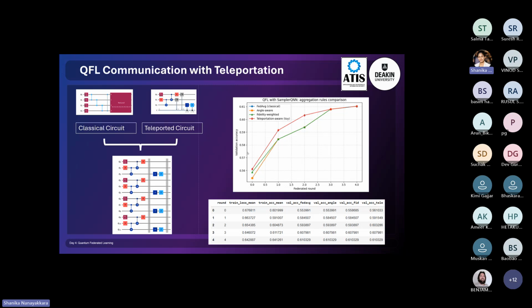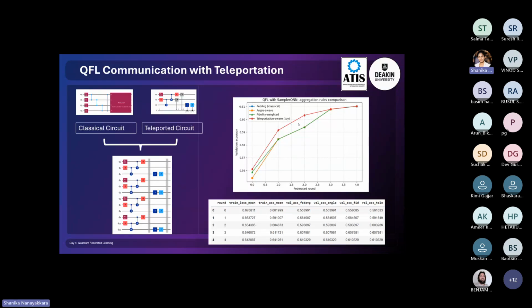The fidelity-weighted and teleported-aware methods give high accuracy because they consider quantum angle geometry and the reliability of each client and channel fidelity. Teleported-aware aggregation produces the strongest global model overall. You can see the validation accuracy here is more accurate than the other two methods. So this approach is the best performing curve.